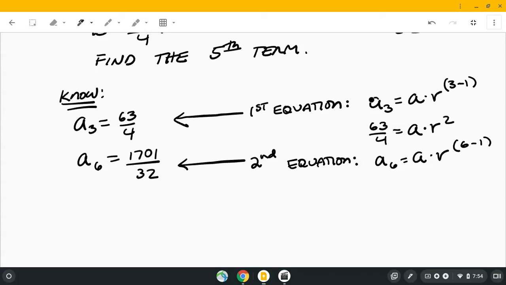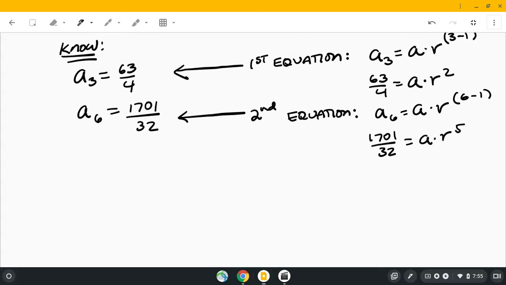Just like up here, I know what A6 is. A6 is this fraction over here, so I'm going to replace A6 with this fraction. So 1,701 over 32 equals A times R to the simplifying 6 minus 1. I have that.